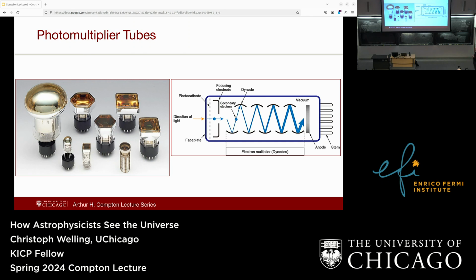So what you do is you apply a very strong electric field between the metal plate that the electron came from and what's called a dynode, which is basically just a metal plate. This metal plate is going to attract the electron, and the electron is going to slam into this dynode, and that's going to knock out more electrons out of this metal plate. And then you have an even stronger electric field that goes from one dynode to the next.